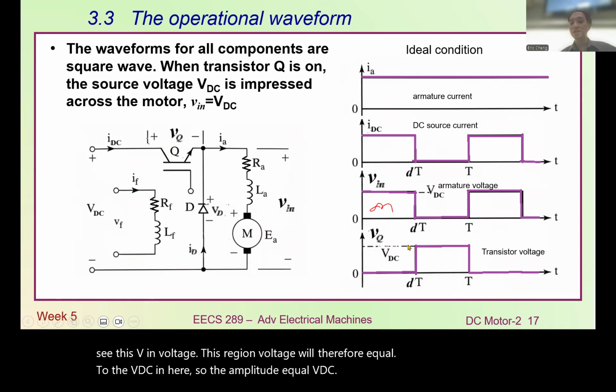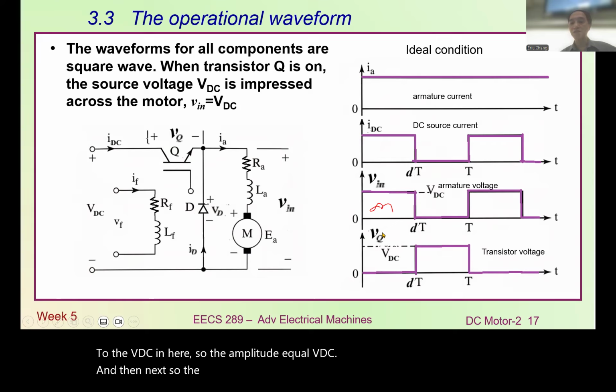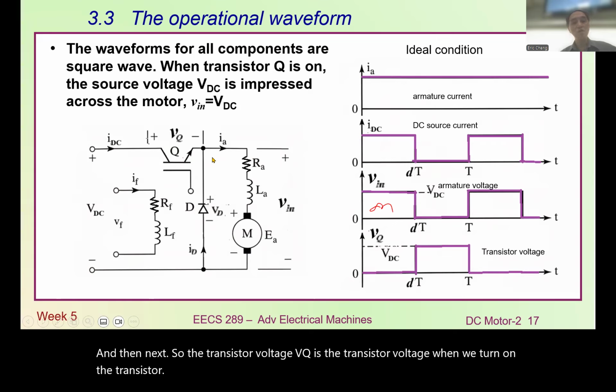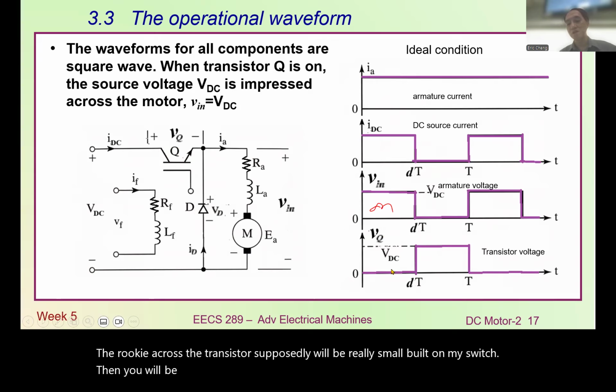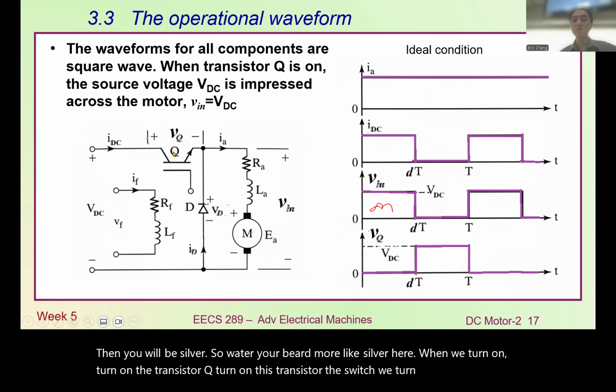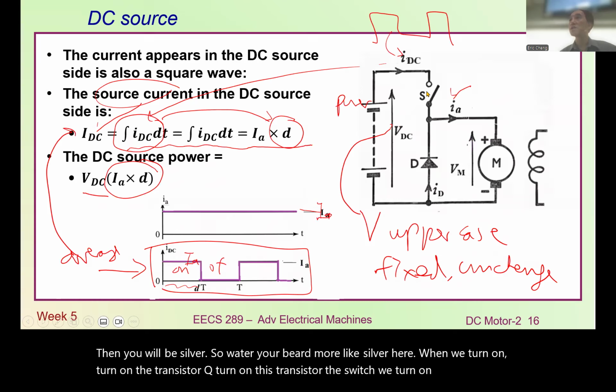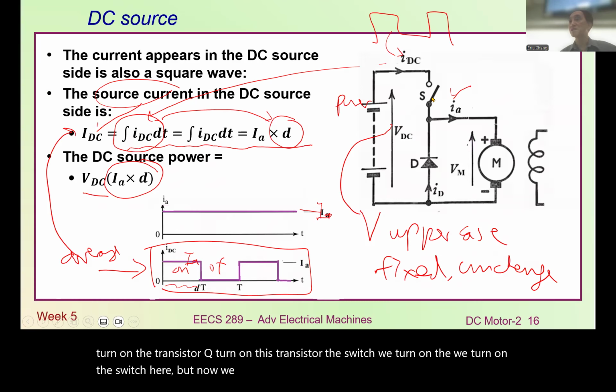And then next, the transistor voltage, VQ. When we turn on the transistor, the voltage across the transistor supposedly will be really, really small, because when you turn on a switch, it will be 0 volt. So the voltage will be more like 0 volt here. You remember that we turned on the switch here, but now we replace the switch by a transistor.